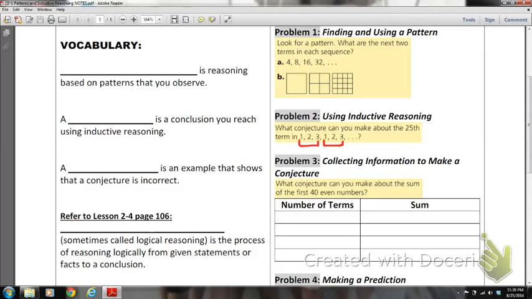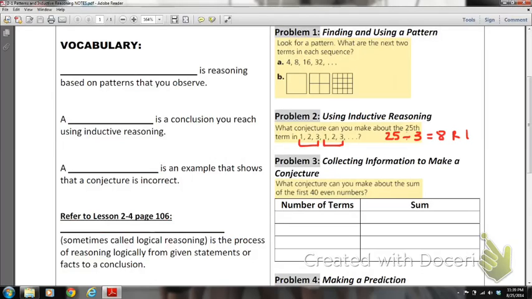So if we take the number 25 and divide that by the number of terms in the pattern. So there's 3 numbers in the pattern. Divide that by 3. 3 will go into 25 8 times with a remainder of 1. So the first number in that sequence, in this pattern, is 1.